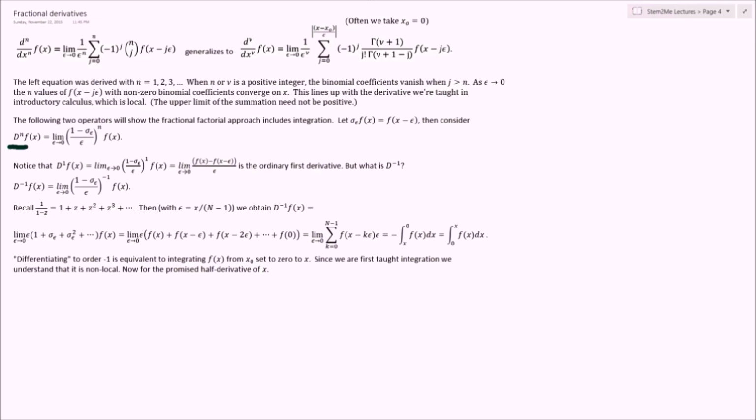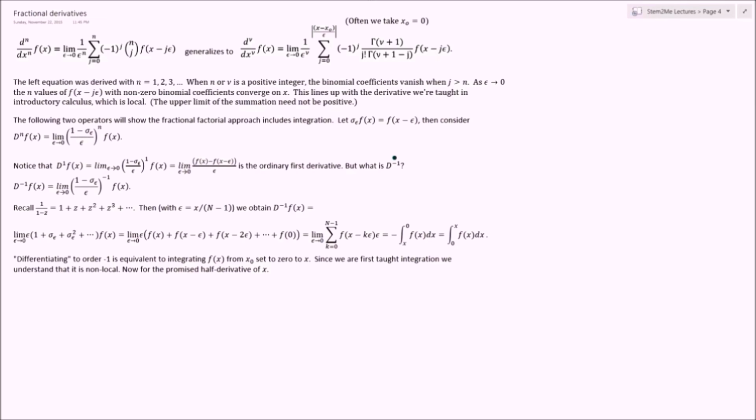And I'm going to define this differential operator, d to the nth, as the limit as epsilon tends to 0, of 1 minus sigma sub epsilon over epsilon raised to the nth power times f of x. If we consider the first derivative, in this formalism, we recover the derivative that we were taught in introductory calculus.